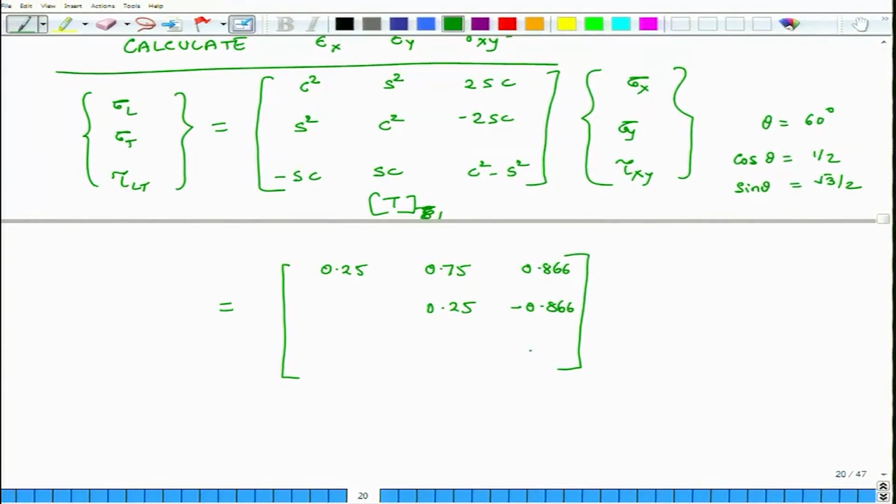and cosine square theta minus sin square theta is cosine of 2 theta. So, it will be cosine of 120 degrees, right. So, this is 0.5. Okay. And this is 0.433, minus 0.433, and this is 0.75, times sigma x. Sigma x is how much?